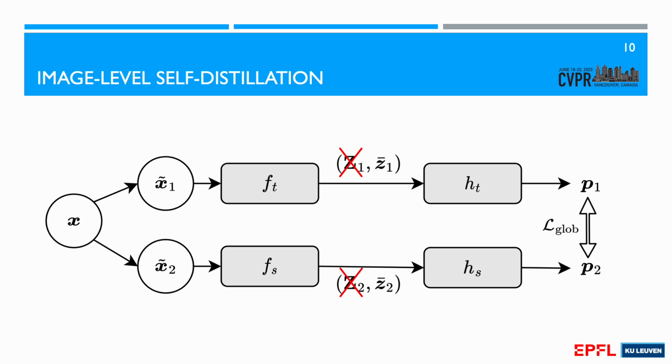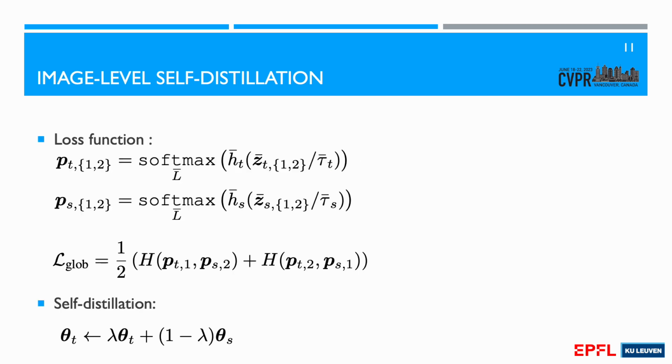The loss here, which is illustrated, is a loss coming from DINO, where the two global representations are fed to two different heads, which map the global representations to probability distributions, and the loss that is enforced is the cross entropy between the two output distributions.